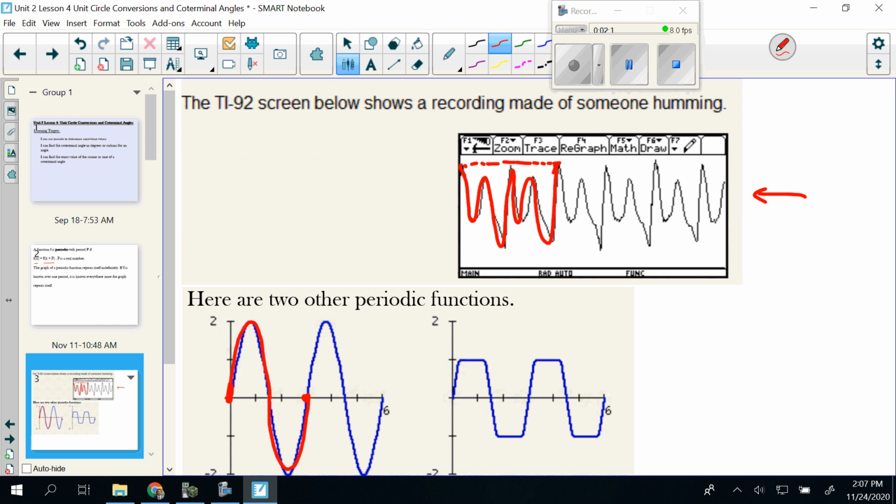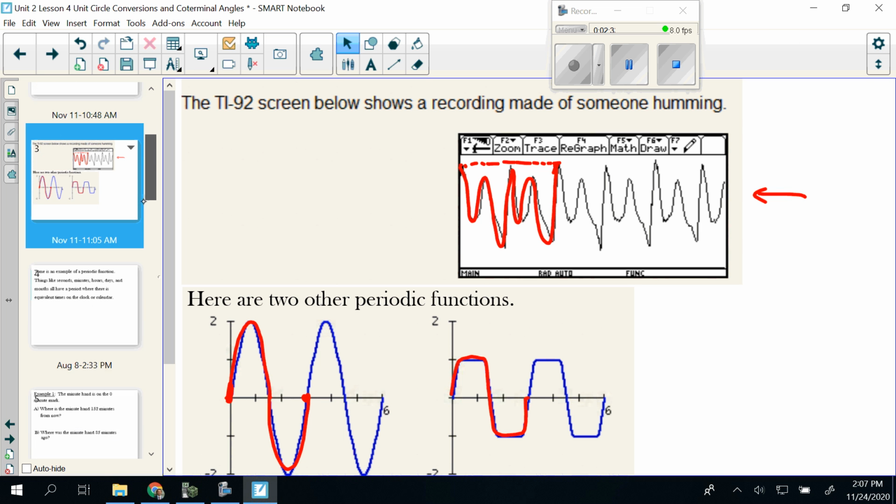Now I'm in that same spot I was before, where this graph does the same thing over and over. Same with this one: one period of this would look like this. Now I'm back to that same starting spot I was before. So periodic functions repeat over some amount of time and get you back to that same starting value.